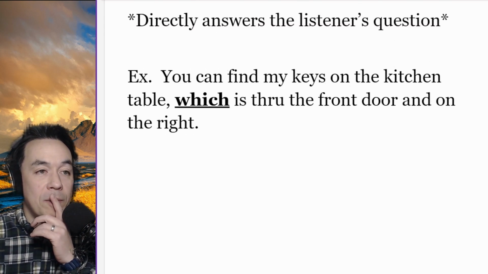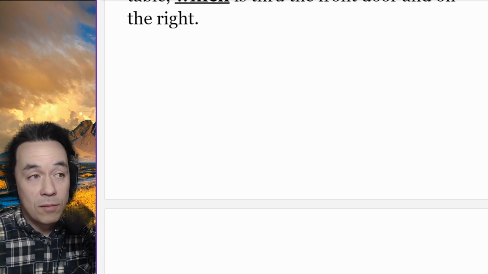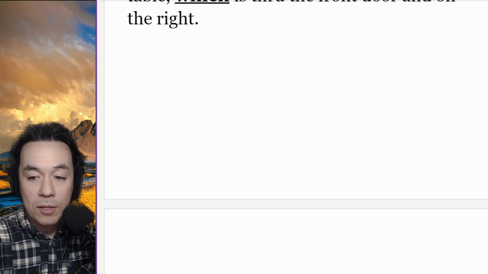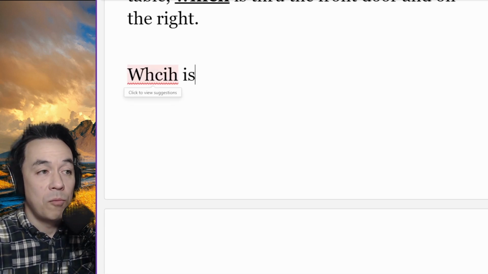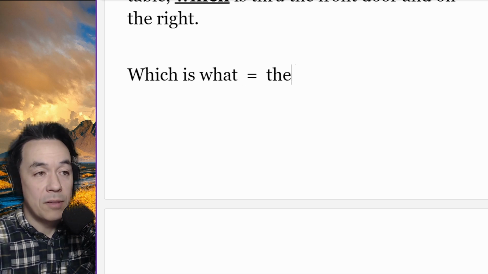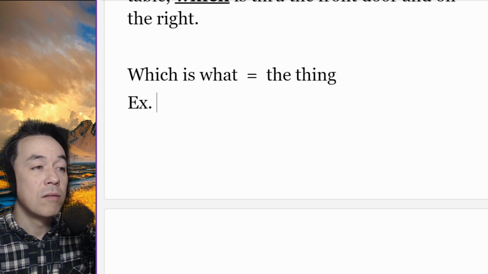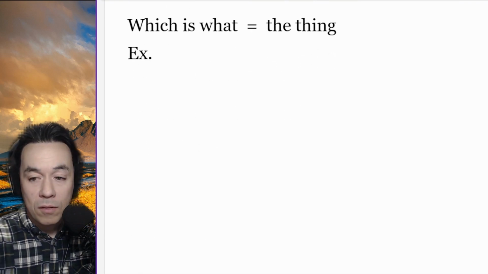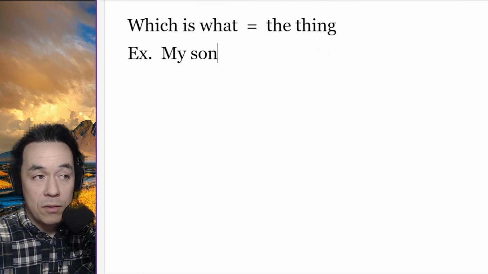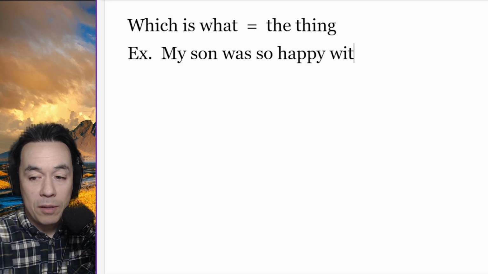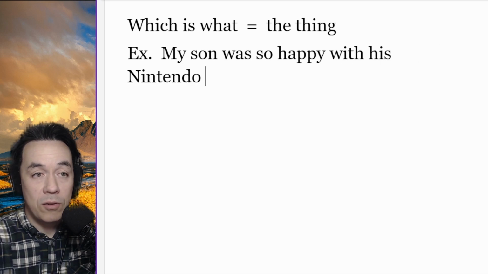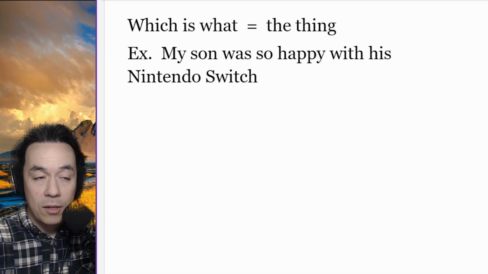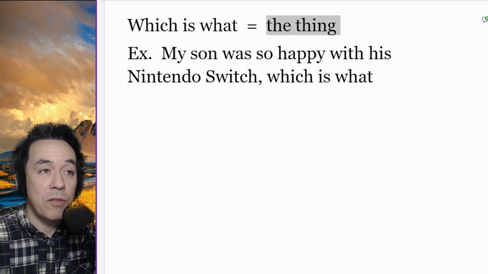Well, let's just do some more. This next one is, which is what? So that means the thing. Let's see. My son was so happy with his Nintendo Switch, which is what he had been asking for months.